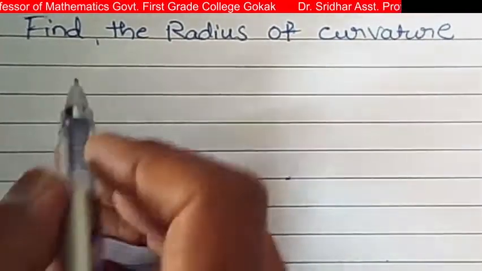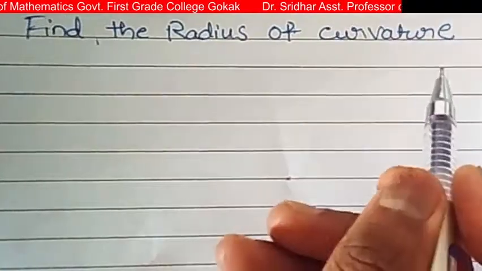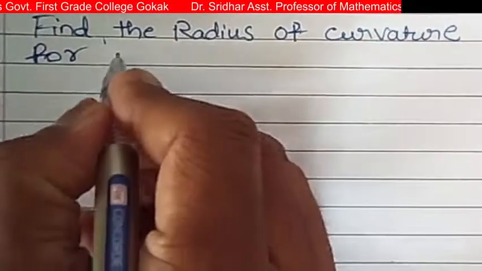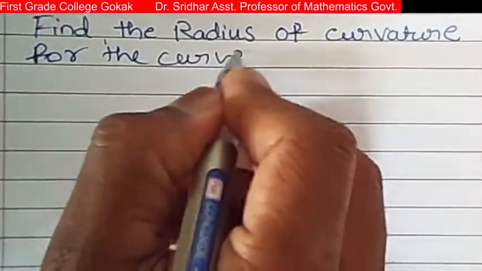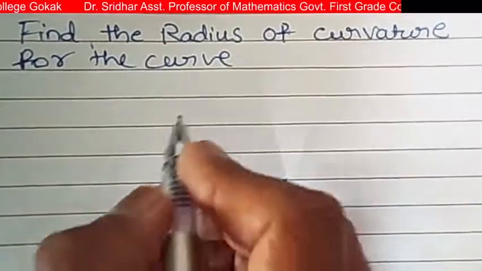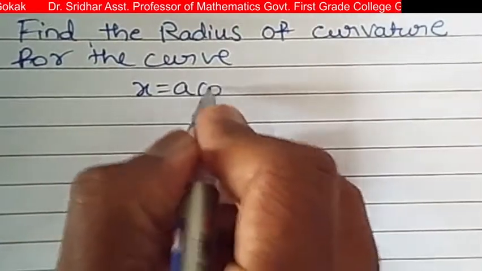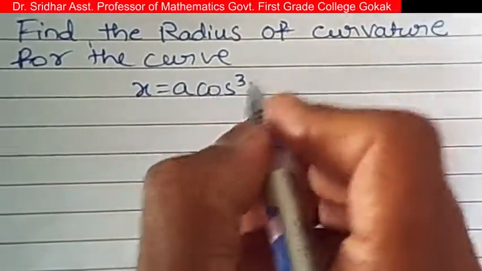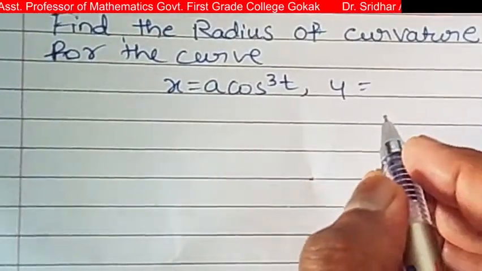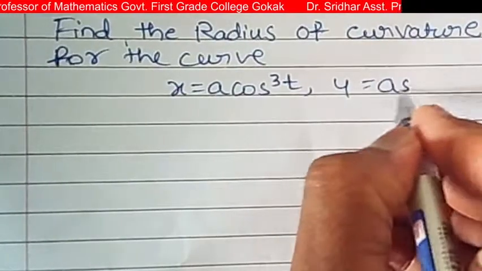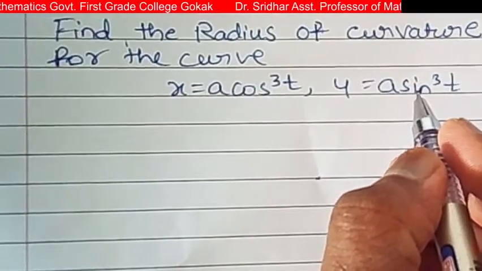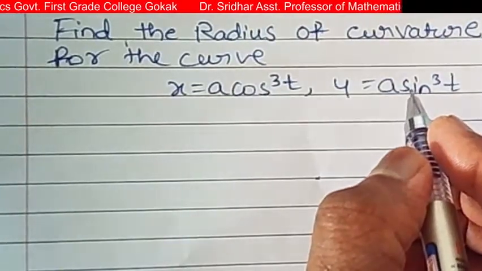Here the problem is: find the radius of curvature for the curve x is equal to a cos cube t, y is equal to a sin cube t. Okay, so this is the given problem.